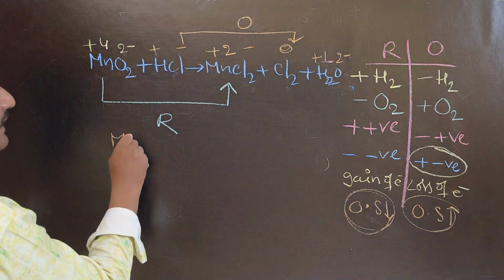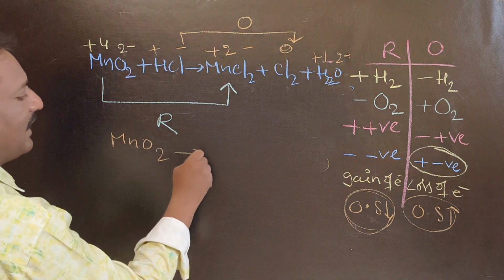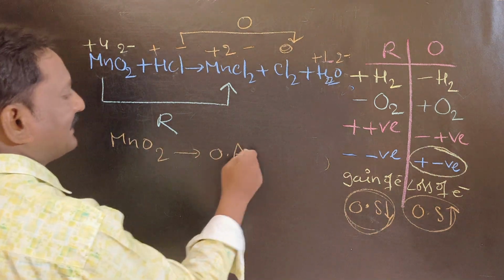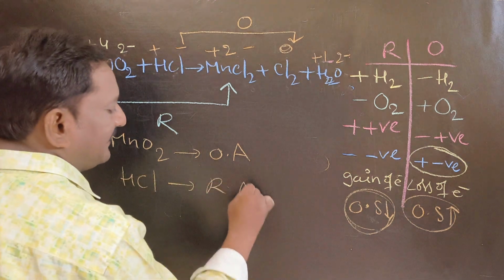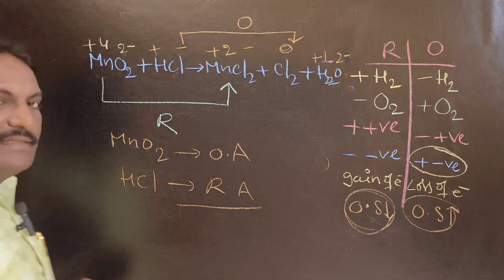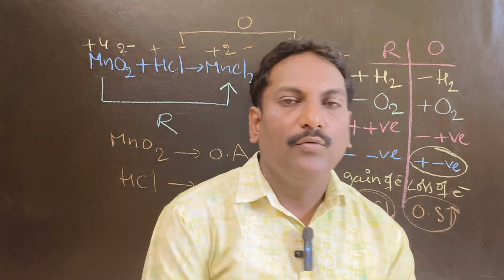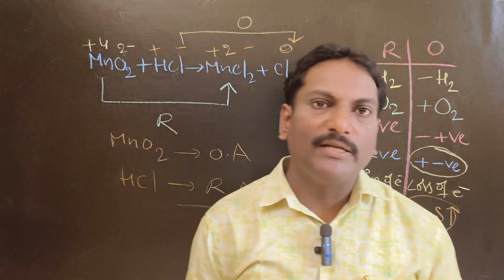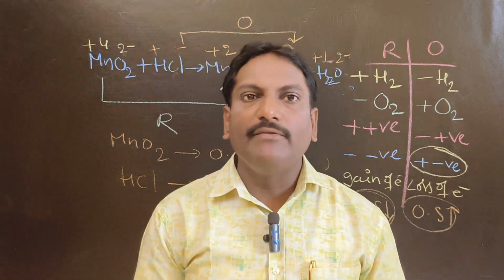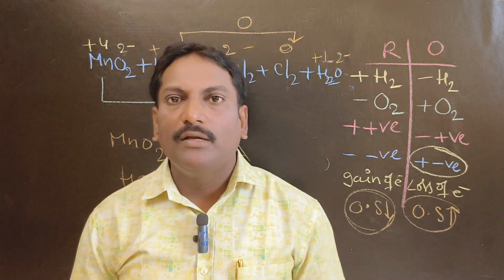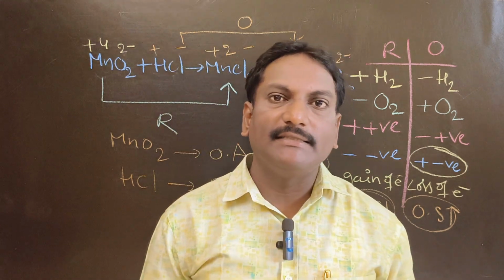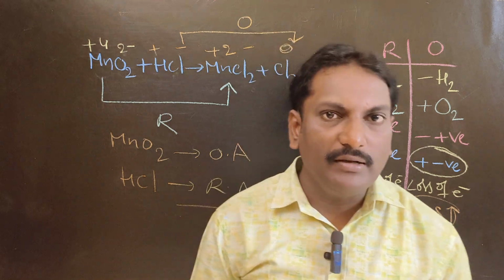Here, manganese dioxide is acting as the oxidizing agent, HCl is acting as the reducing agent. So, in this way, we need to find out which one is oxidation, which one is reduction, and identify the reduced one and the oxidized one, and the oxidizing agent and reducing agent in the given reactions.